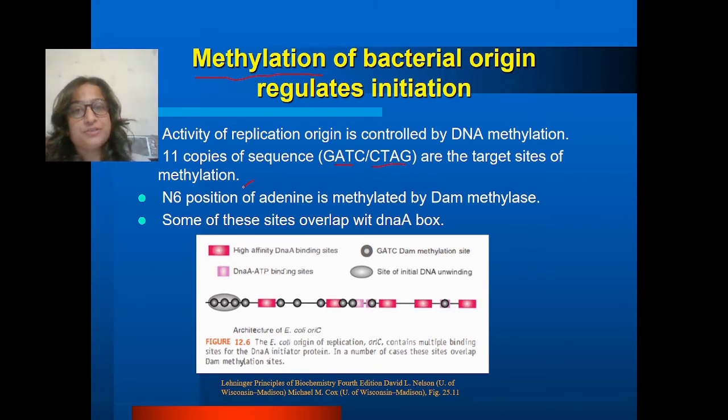Since your repetitive sequences are already AT rich, onto those AT-rich regions, the A, meaning the adenine, is methylated, and more specifically the adenine is methylated at the N6 position, and the job is done by the enzyme DAM methylase.